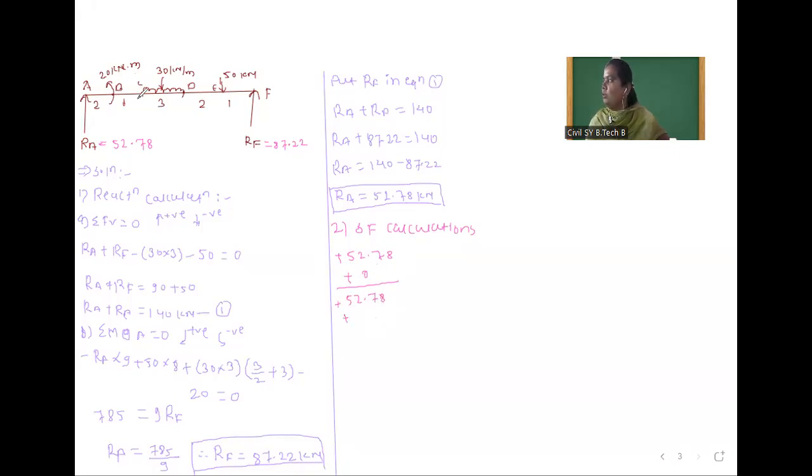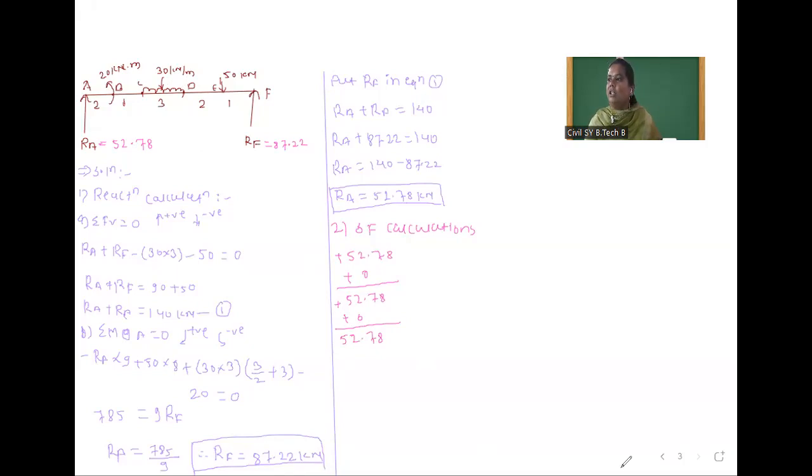Okay, in between B to C there is no force. At C, how much force is there? Again 0, because there is no force. So the value is 52.78. Now we will calculate at D point.